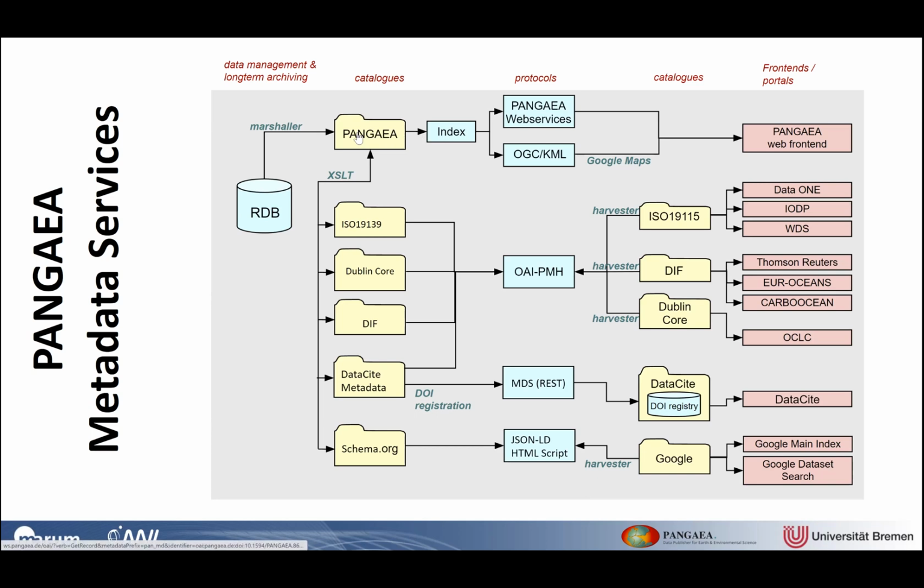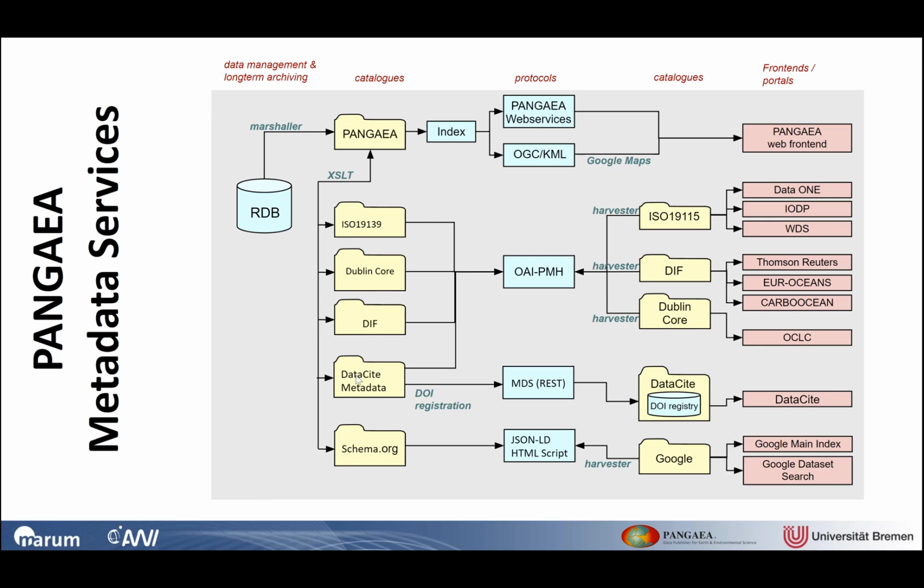But the metadata is not only in the proprietary PANGAEA format, it can also be exported in various other formats like, for scientific people, or especially from the GIS origin, ISO 19139 metadata, which is the XML schema about ISO 19115. Dublin Core is just citation information. DIF is another metadata format that's quite old already, but still in use for somebody.